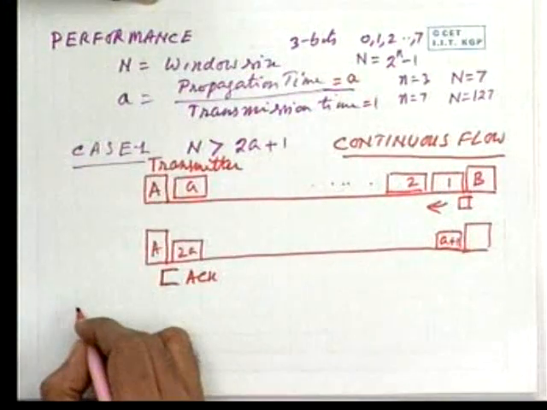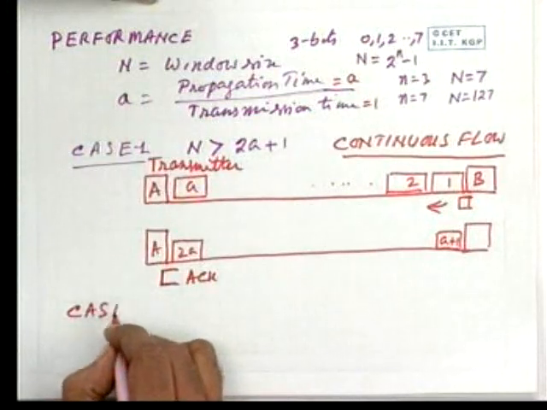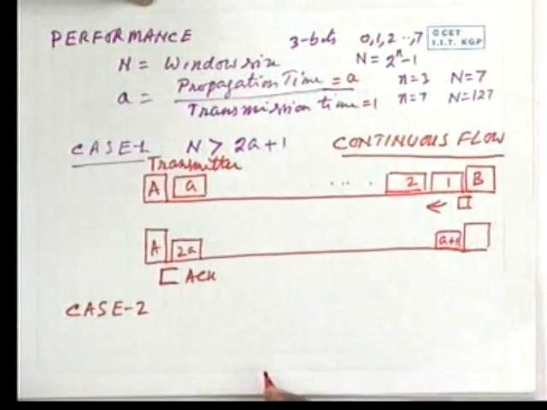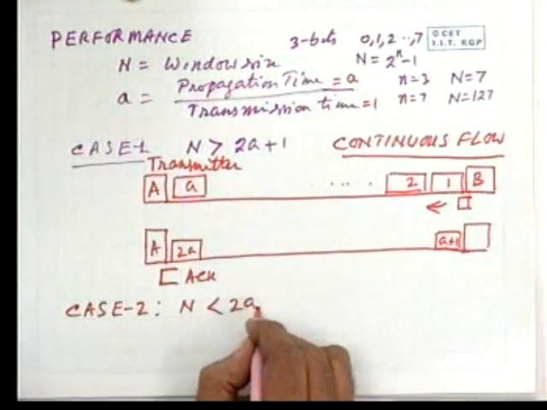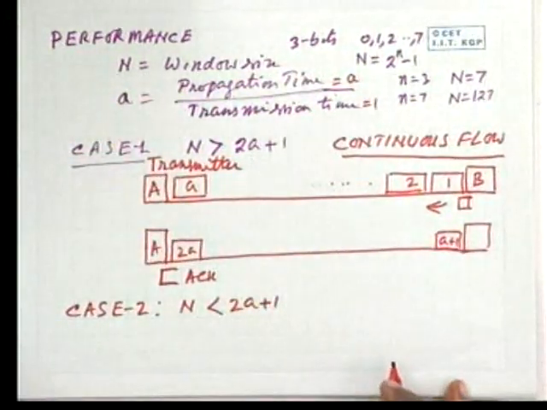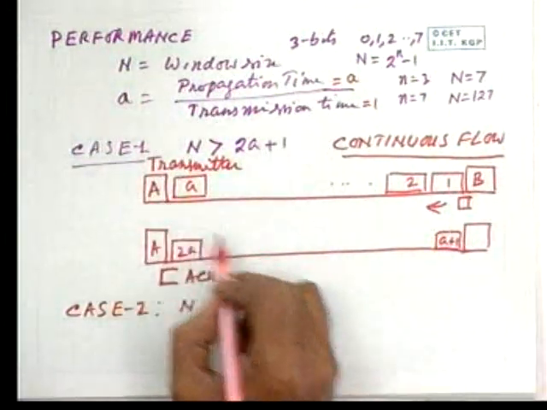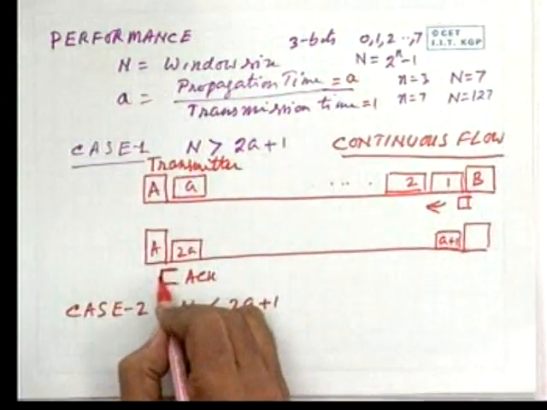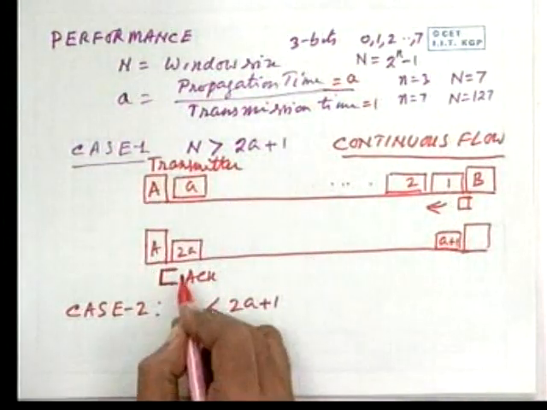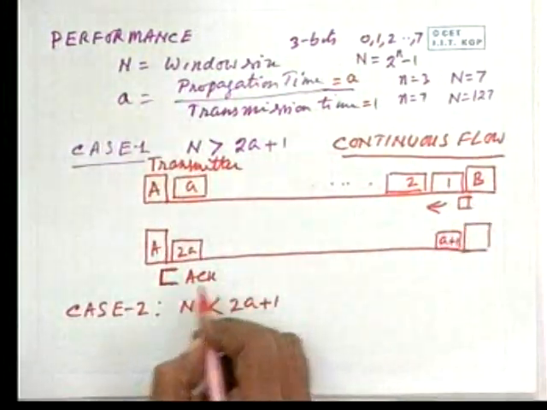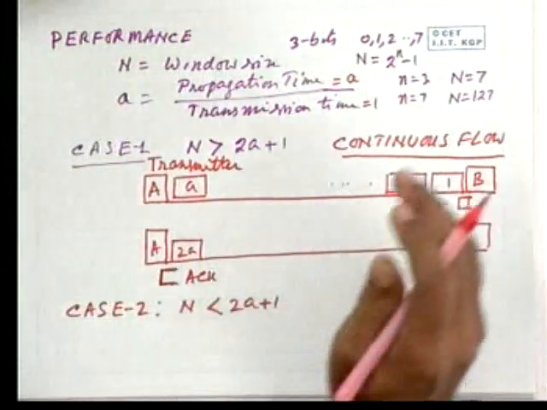On the other hand, in case 2, when n is less than or equal to 2a plus 1, what will happen? Before the acknowledgement sent by the receiver reaches the transmitter, the window size will get exhausted.